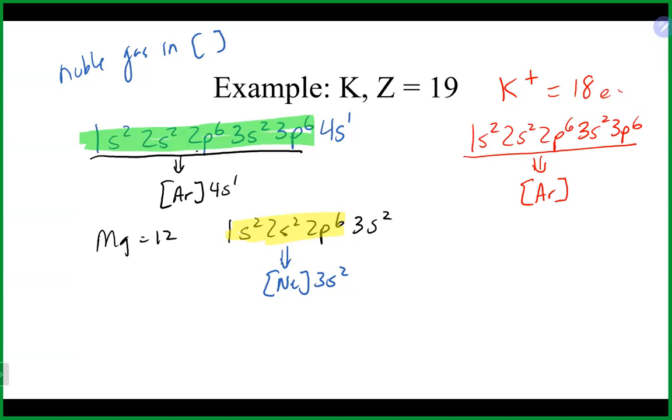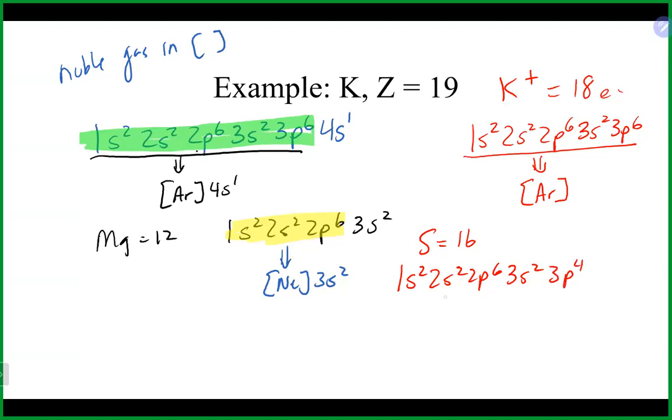If we take a look at sulfur, for example. Sulfur, which has no charge, is 16. Its electron configuration would be 1s2, 2s2, 2p6, 3s2, 3p4 in this case.